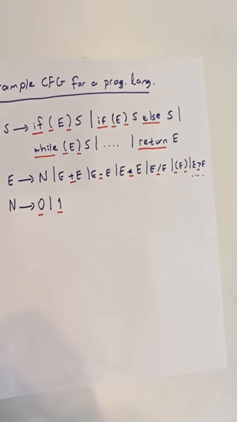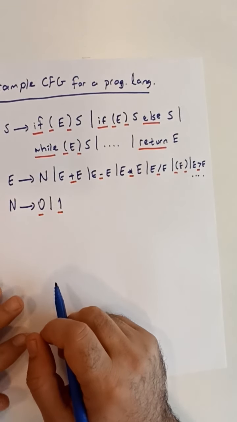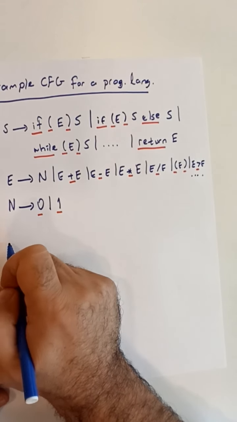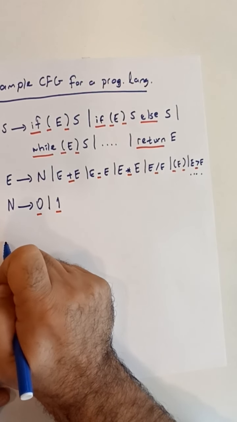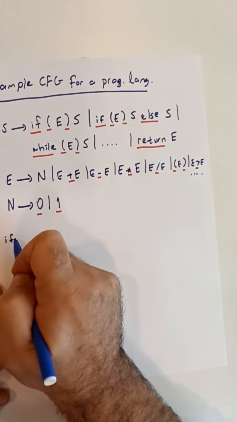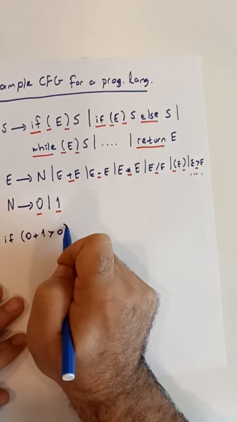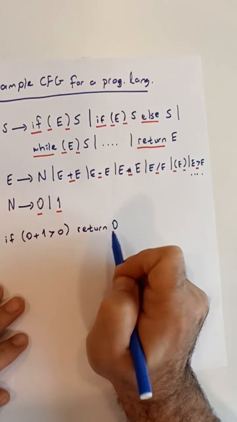Let's try to do a leftmost derivation of a simple statement in this programming language. So a simple if statement could be as follows: if 0 plus 1 is greater than 0, then simply return 0.